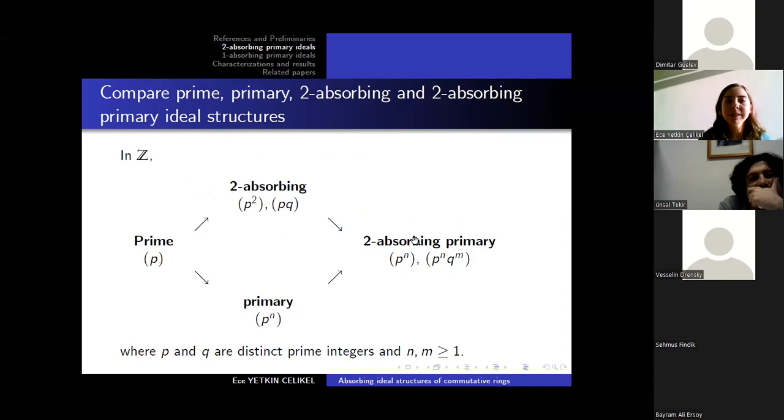Now we can get some characterizations, and I will show you the general theorem again. Two-absorbing ideals are of this type, p squared, or p times q, where p and q are distinct prime integers. And now if n and m are positive numbers, then two-absorbing primary ideals can be characterized by this form.